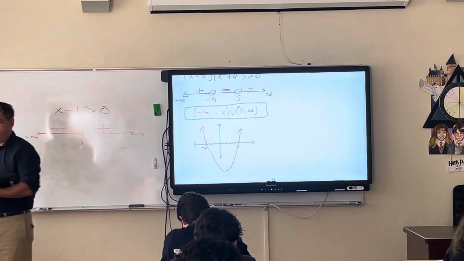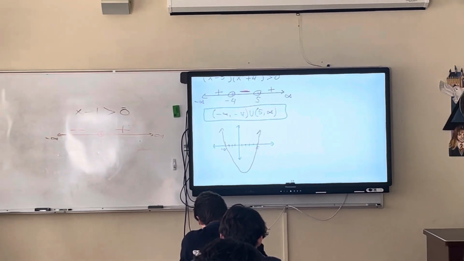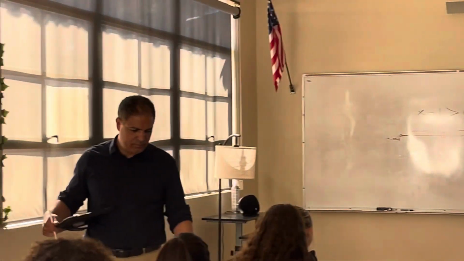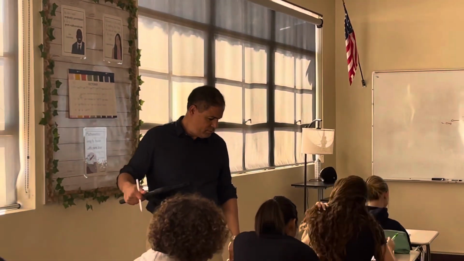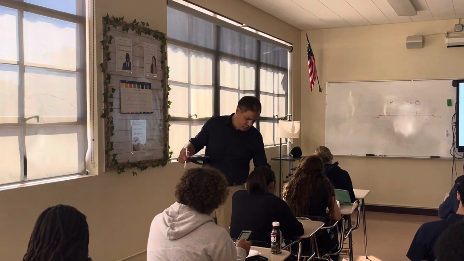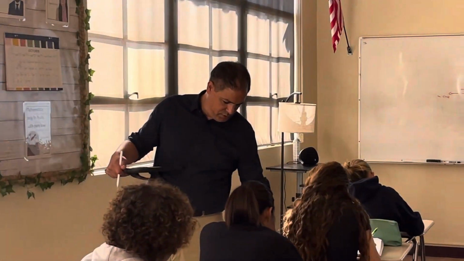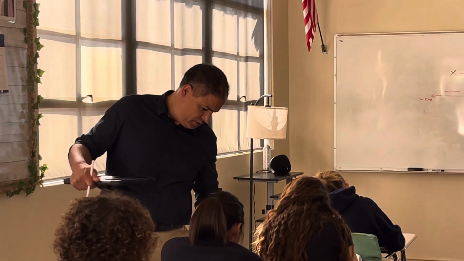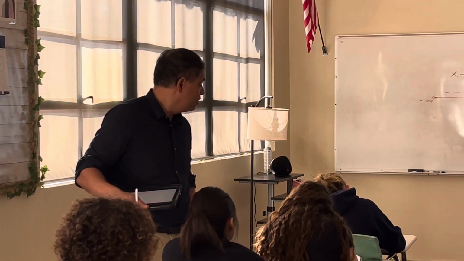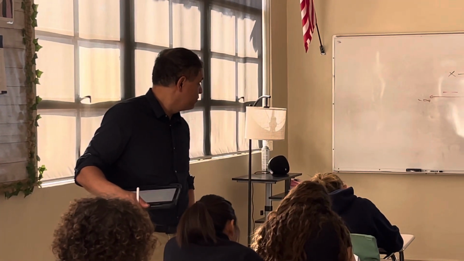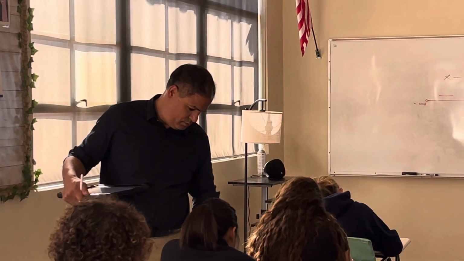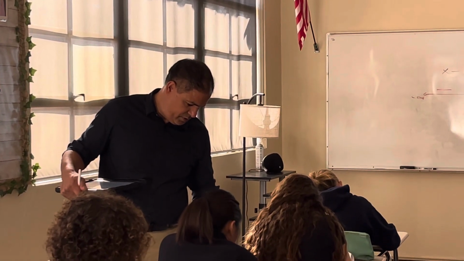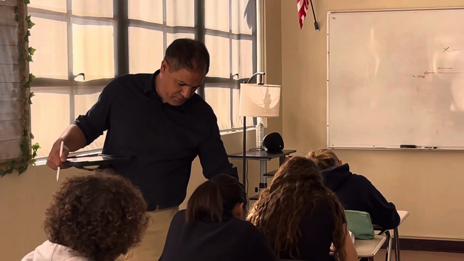You should see something like this. Yeah, good. Just do y equals x squared minus x minus 20. Okay, now go ahead and graph that.